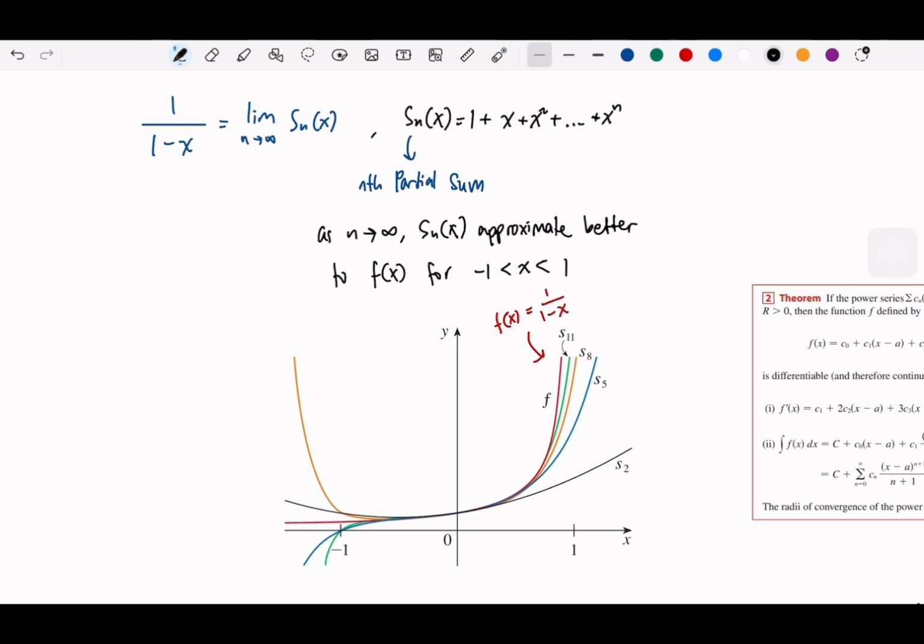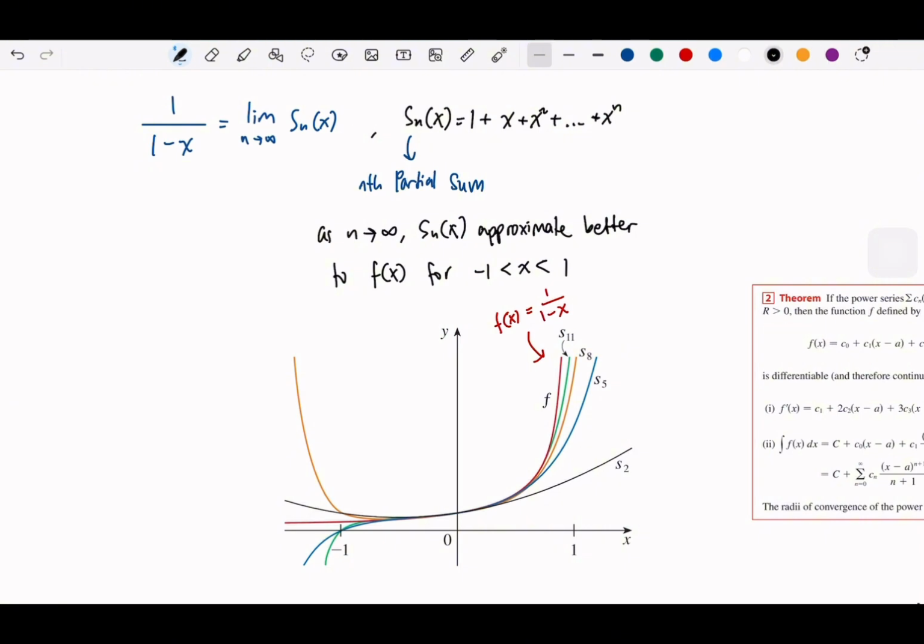So basically, what we are observing is the partial sums. We start with 1 plus x, which is the linear equation, perhaps somewhere here.